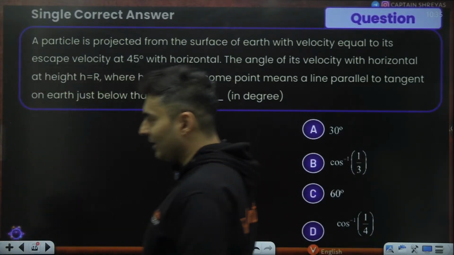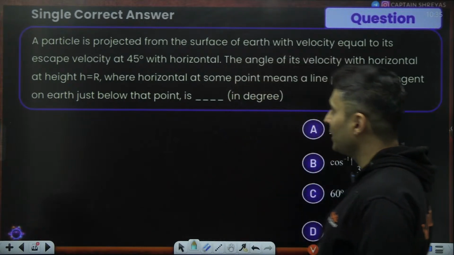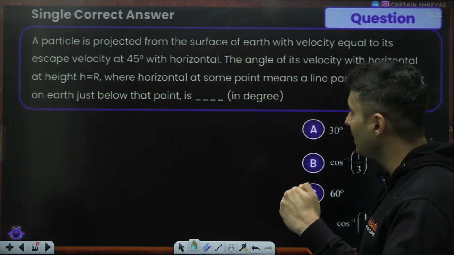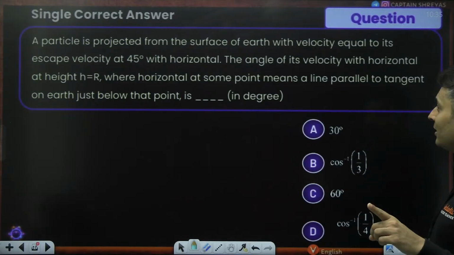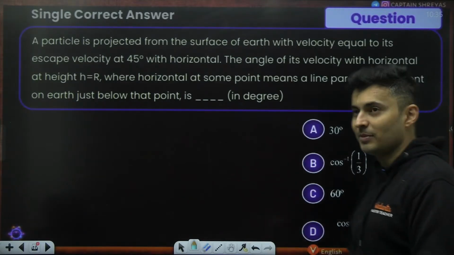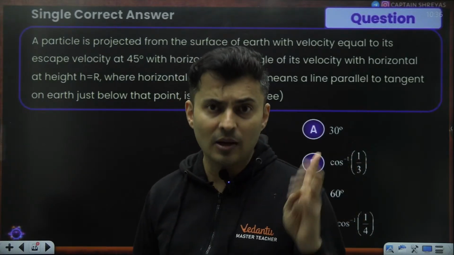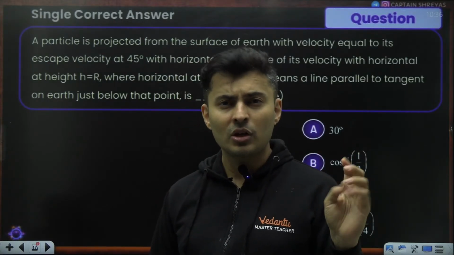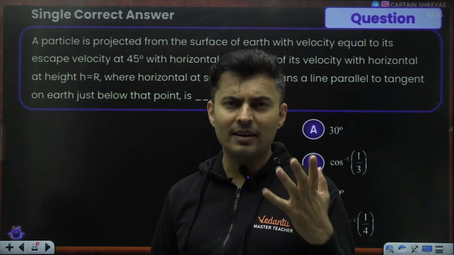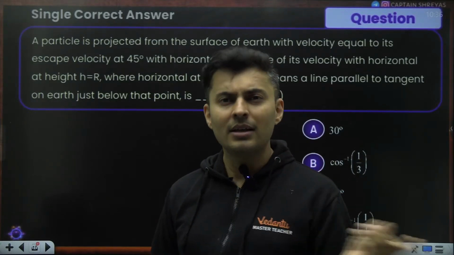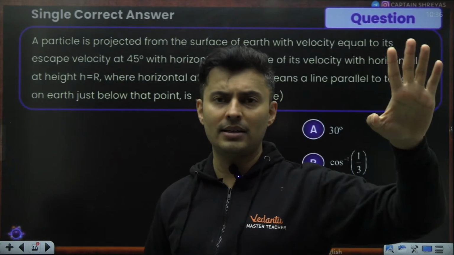Okay, let's get started. There is a particle which is thrown at an angle from the surface of the earth with a speed equal to the escape speed. Remember, escape speed is independent of the angle or the mass being thrown. So when you throw it at 45, 90, 20 degree, whatever degree, it will eventually exit the planet's gravity.